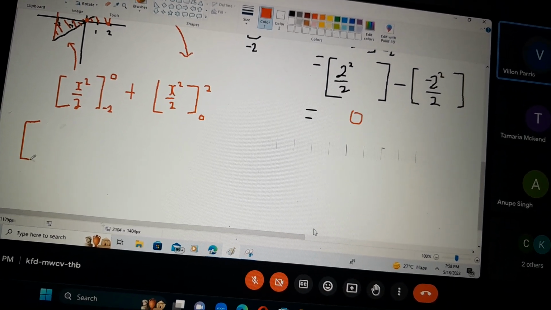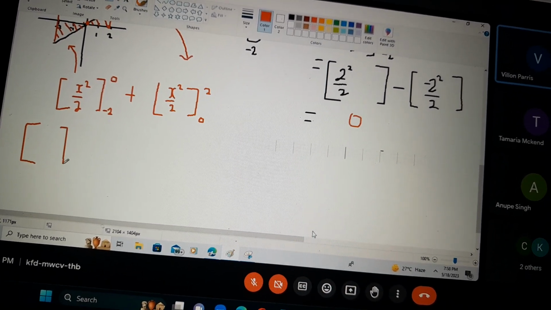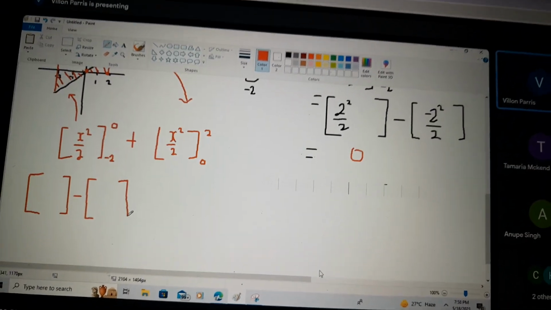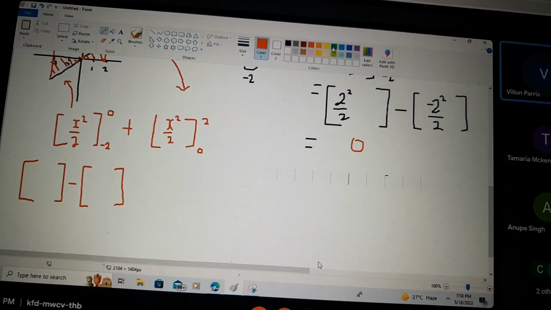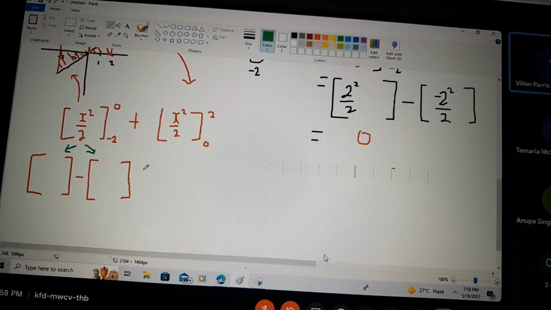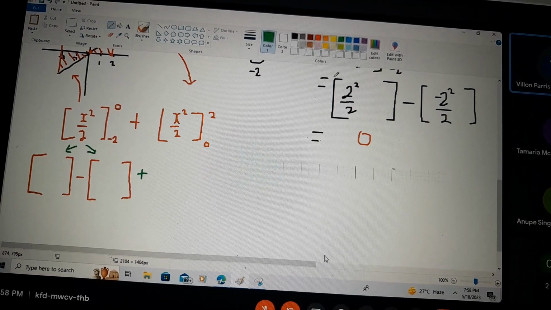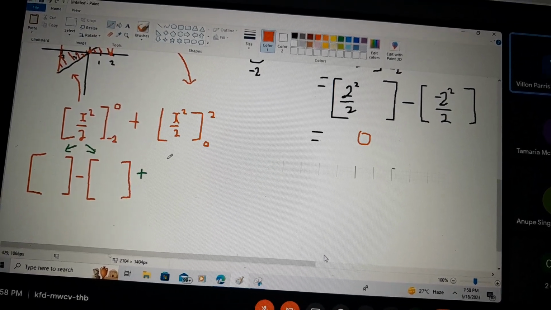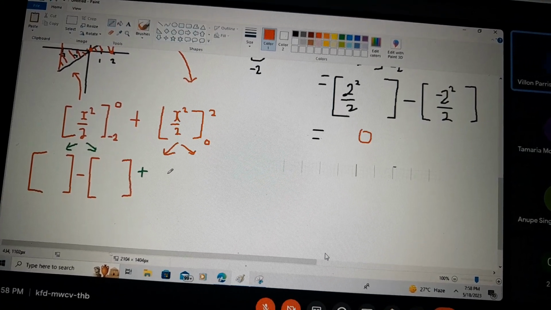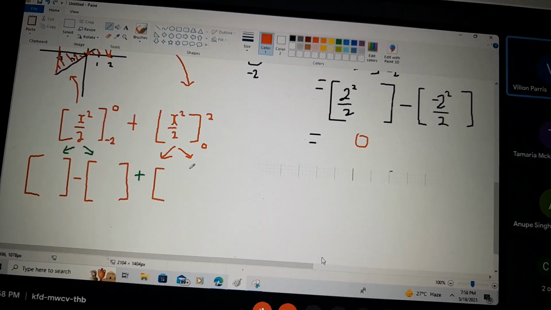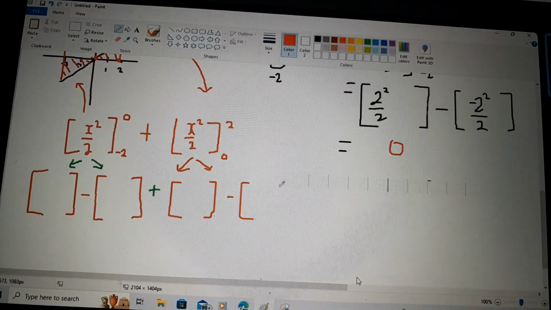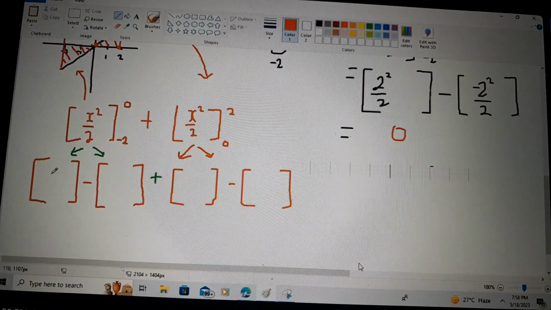This would be minus this first part here. Remember, we'll have to get two values here: upper limit, lower limit. Plus, for this one here, we also need two values, upper limit, lower limit. Right? I hope you're following. Yes, sir.